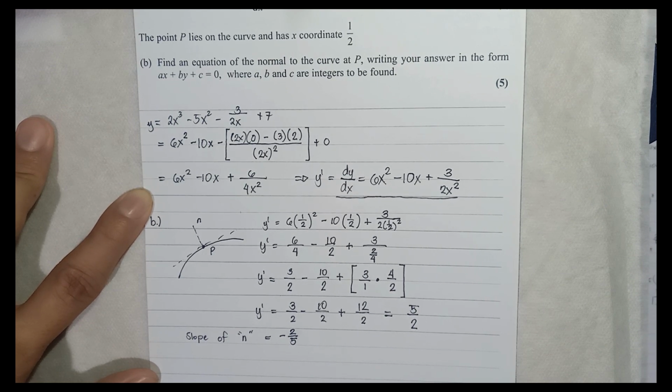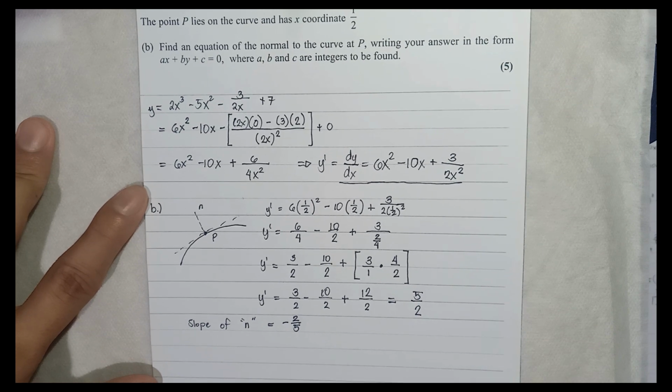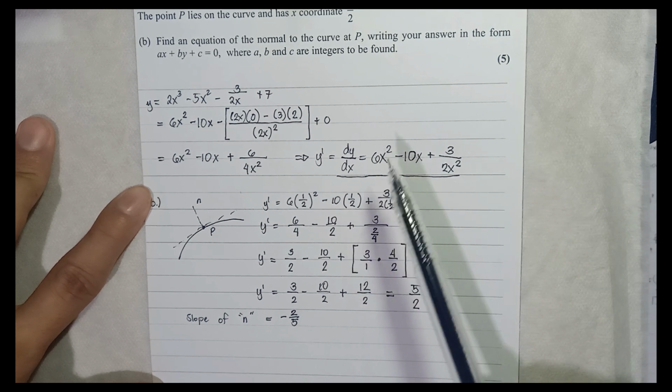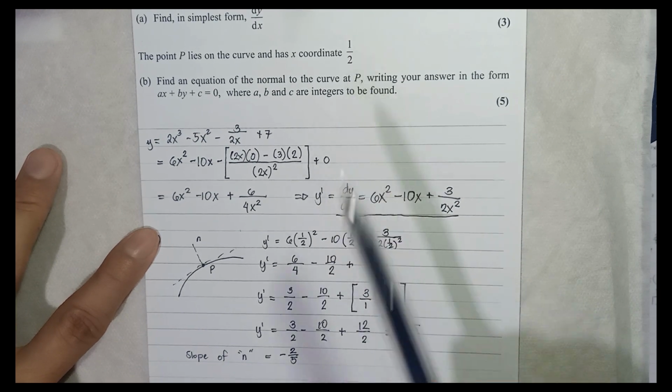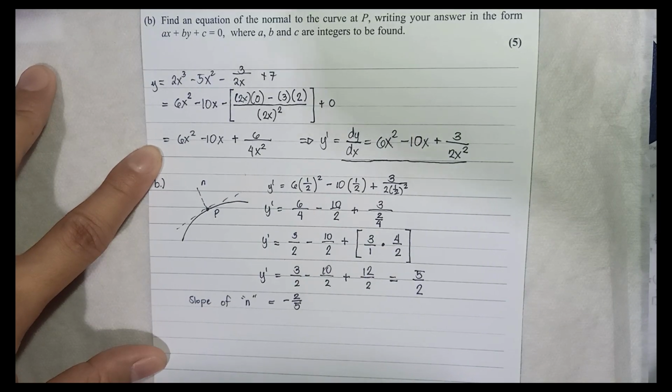Of course, we need to solve for the equation of the line. So what equation of a line can we use? Since we have the slope and we have a point, the point here will be this x coordinate of 1/2.